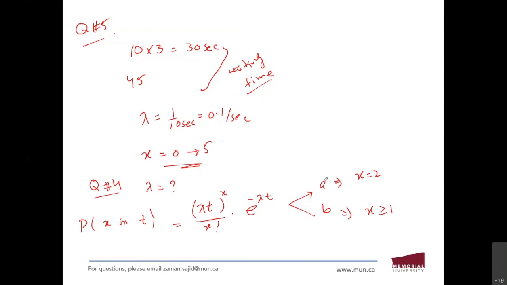Sorry, this is part B and this is your part C. Because the probability you're looking to find is greater than or equal to 1, part C particularly will be the probability of x greater than or equal to 1 in time t. That should be equal to 1 minus the probability of x less than 1 in time t. So t is 5 basically in this question.